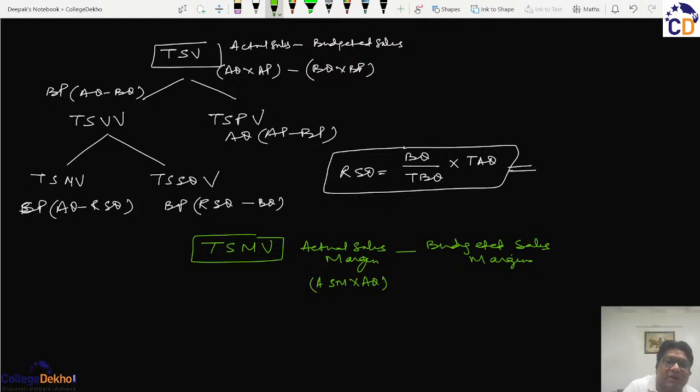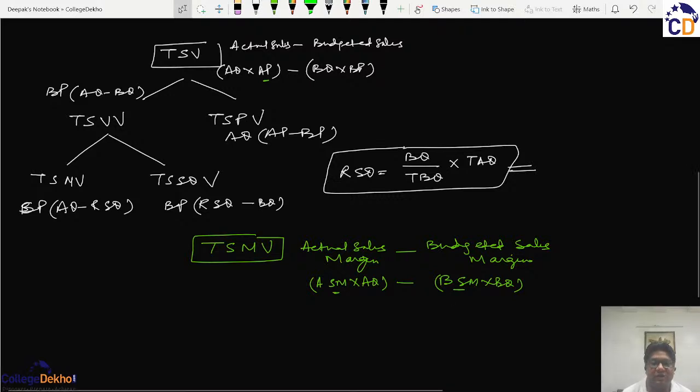So we have replaced the actual price with the actual sales margin, and this will be equal to budgeted sales margin into budgeted quantity. The only difference between the two is that you have replaced the price with the sales margin, which is the difference of the price with the standard cost price, and that will be given in the question.